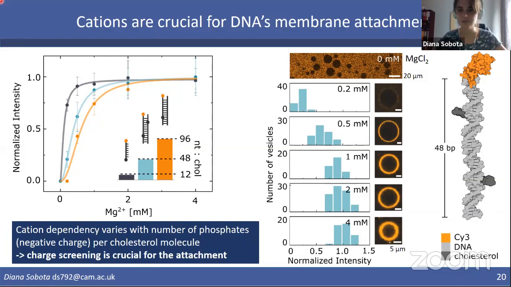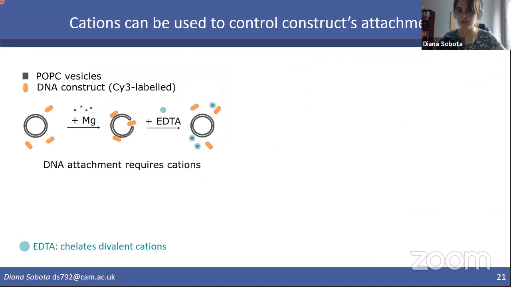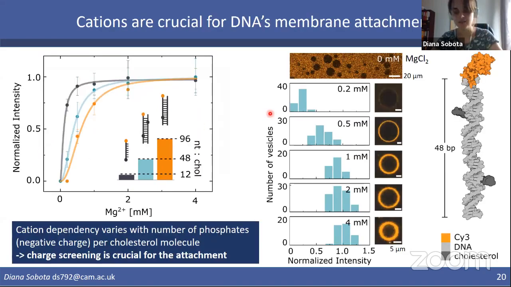So now let's try to perform an experiment that shows if it's reversible, if we can really control it. We'll use a molecule called EDTA. The way it works, it chelates divalent cations. So if we have vesicles with DNA and no magnesium, there is no attachment, right?